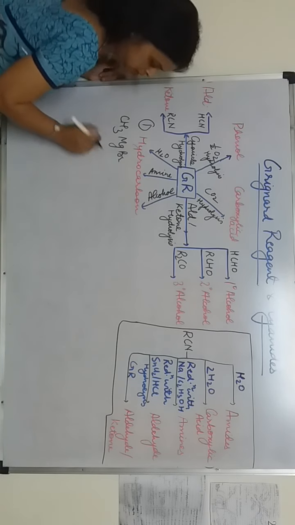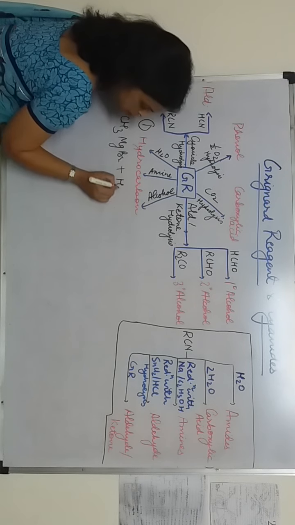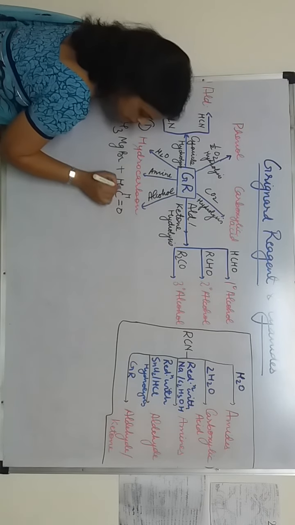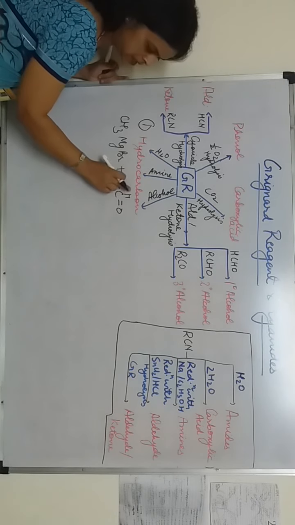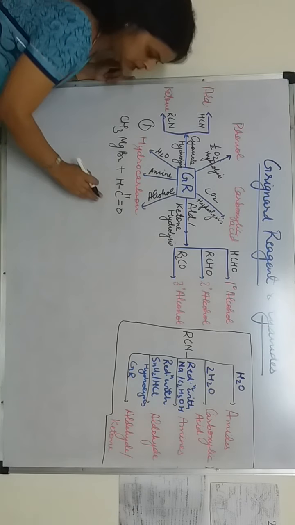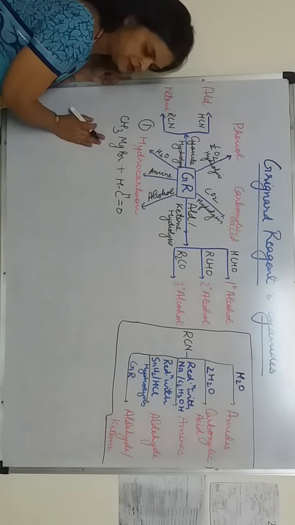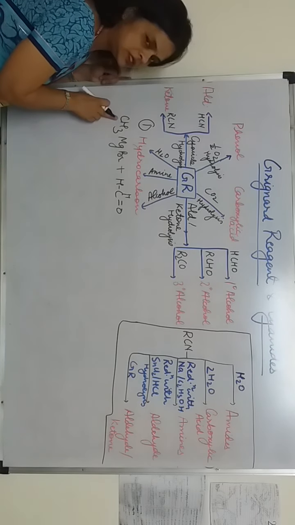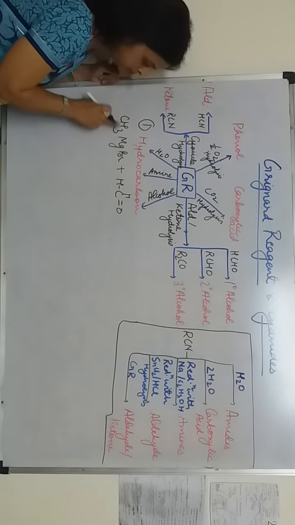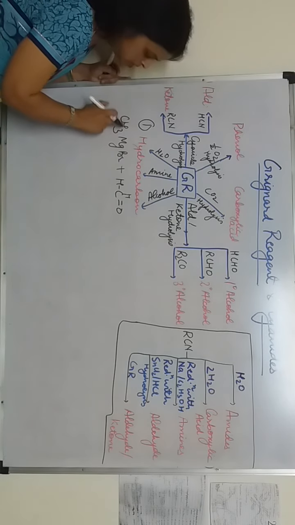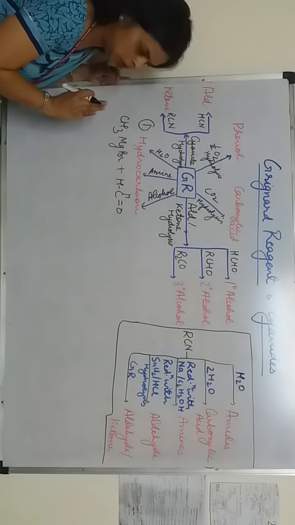This is the Grignard reagent and here we will draw HCHO. Now whenever the reaction takes place, students, when we were discussing the Grignard reagent, we had seen that this carbon is having the partial negative charge because this magnesium metal is strongly electropositive. So this covalent bond is polar.